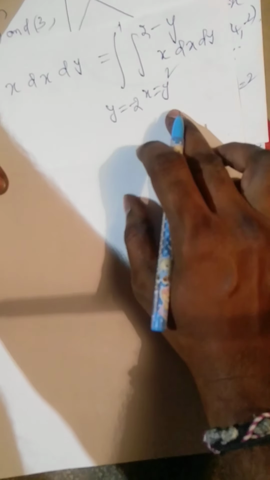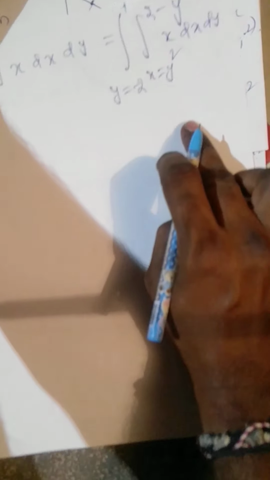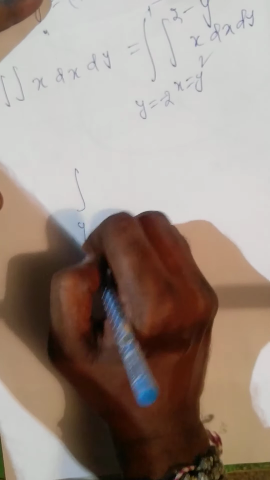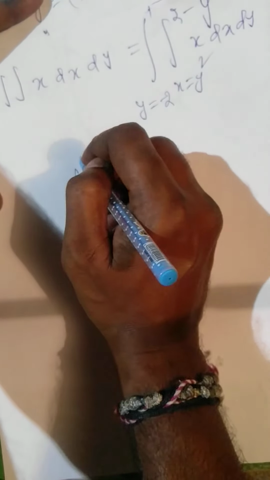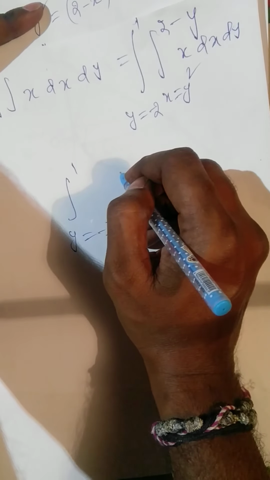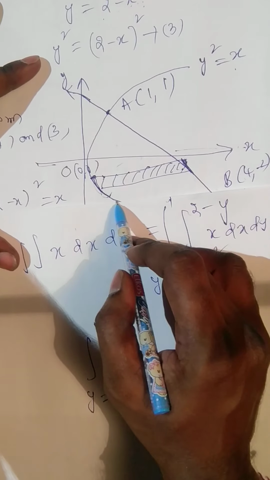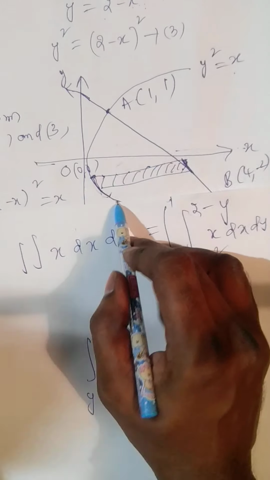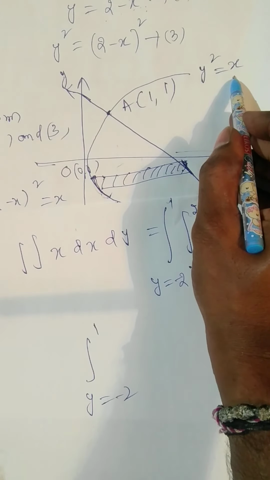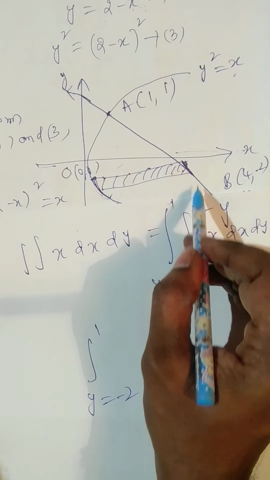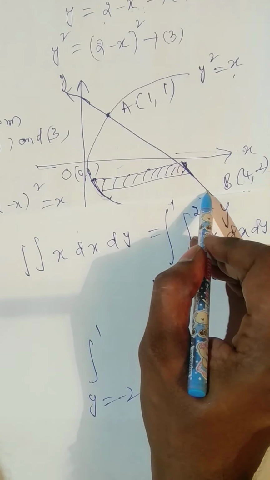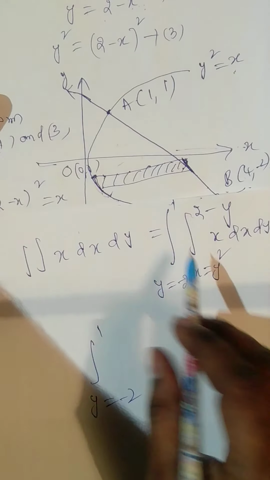Now here, the x limits are in terms of y, so we integrate with respect to x first. The x limits go from the parabola to the straight line, 2 minus y.